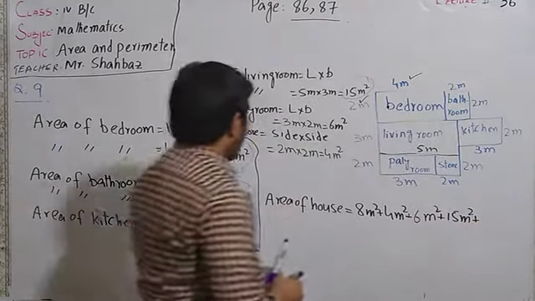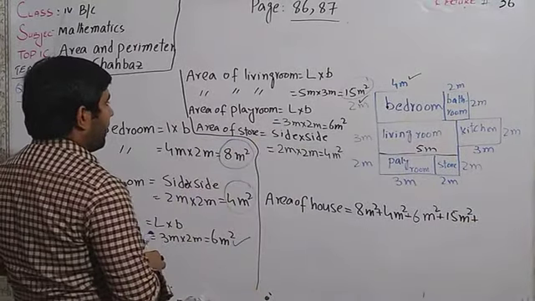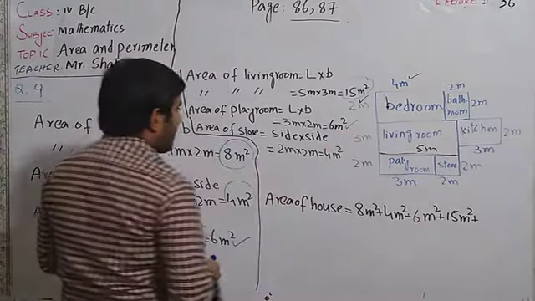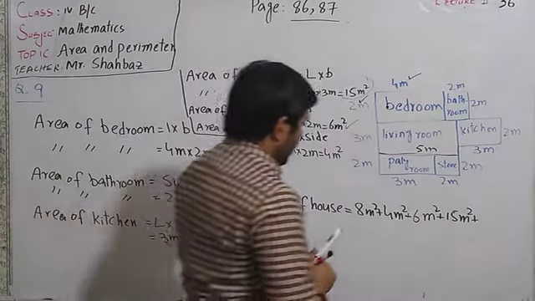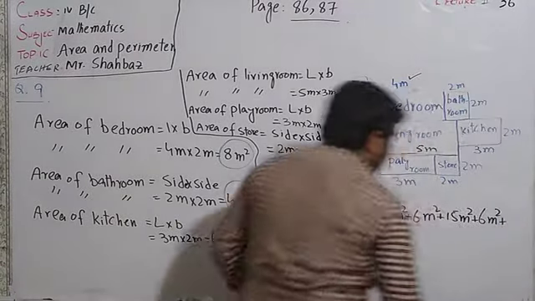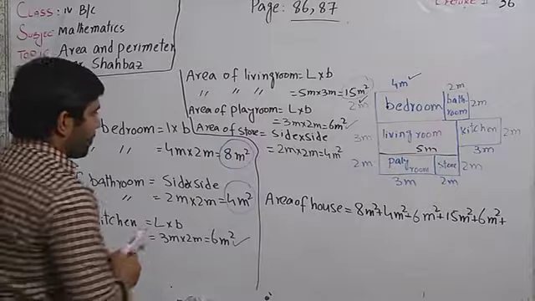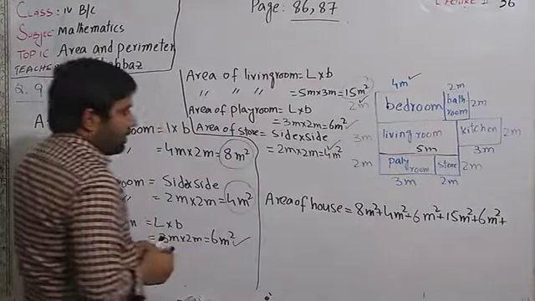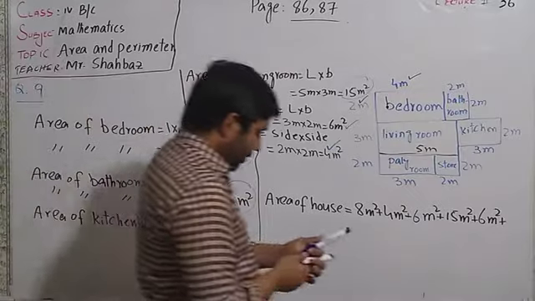Then plus we have the area of play room, that is 6 meters square. And then plus we have the area of store, that is 4 meters square.